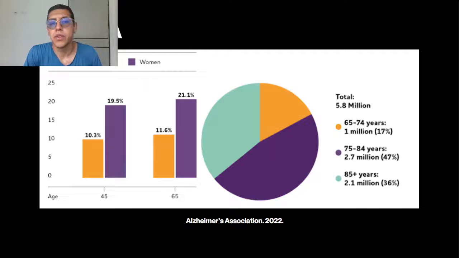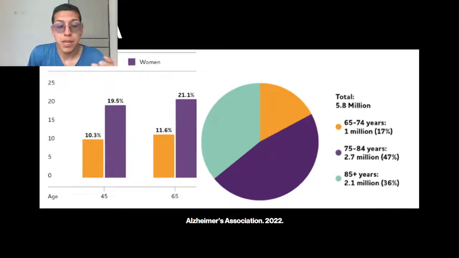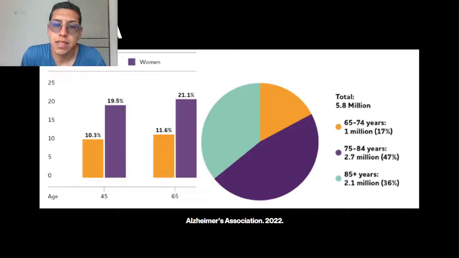Okay, in the case of USA, we can see that women continue having a major risk than men. And in the pie chart, we can see that most of the cases are presented between 75 and 84 years old.